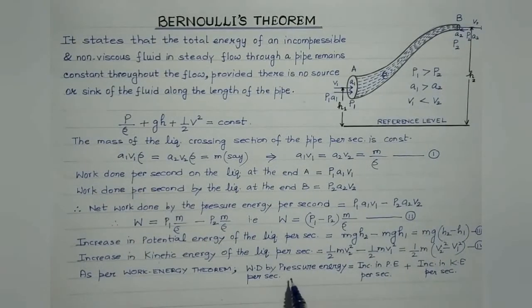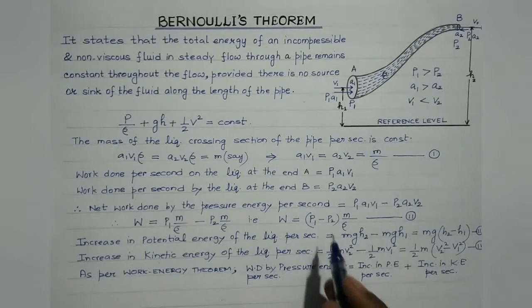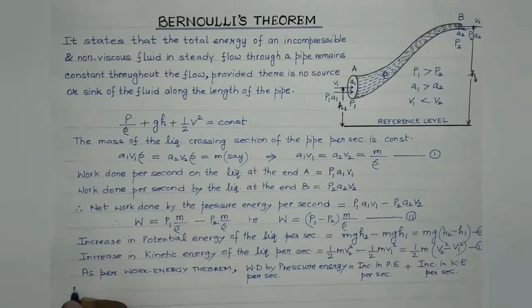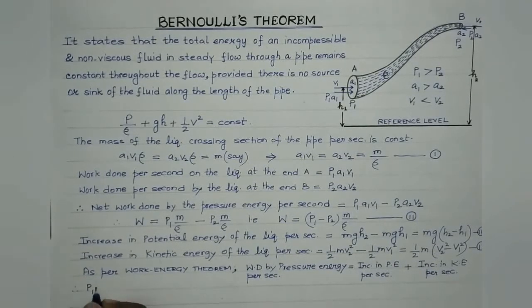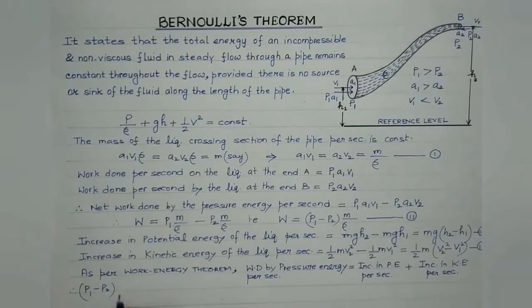So let's substitute the values from equation number 2, 3 and 4. Now work done by the pressure energy per second is (P1 minus P2) m by rho, right?